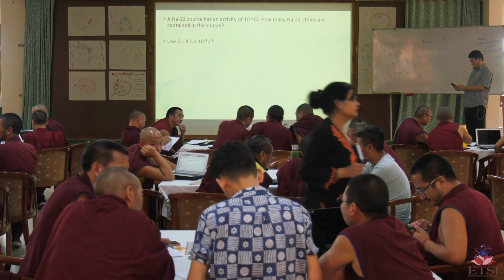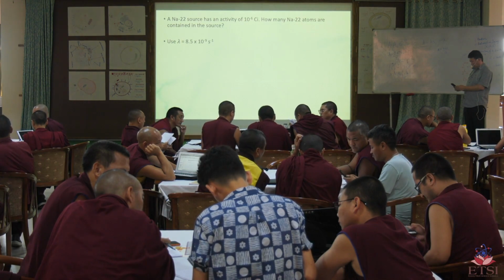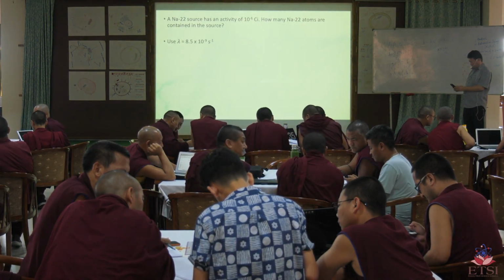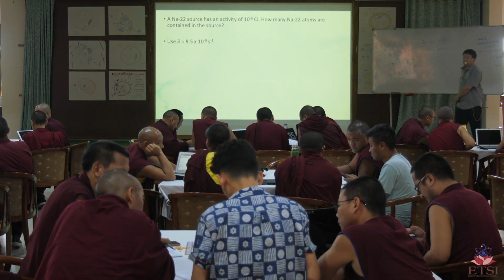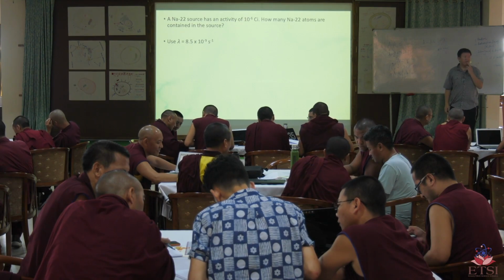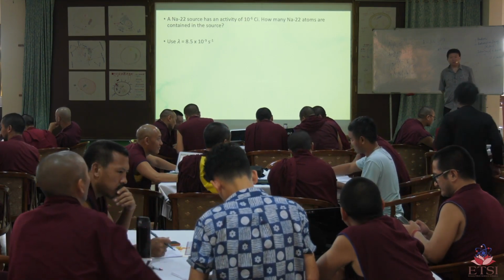What's the value of x you're getting there? Like 10 to the power minus 6 curies, how many DPS? Yeah, okay, good. Yes. Okay, so everyone is getting 3.7.